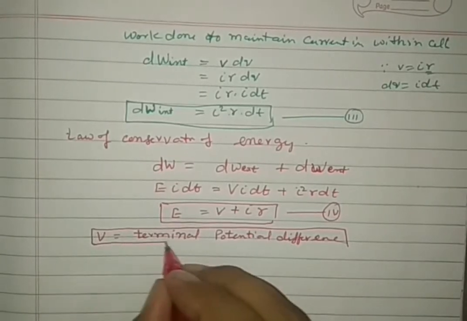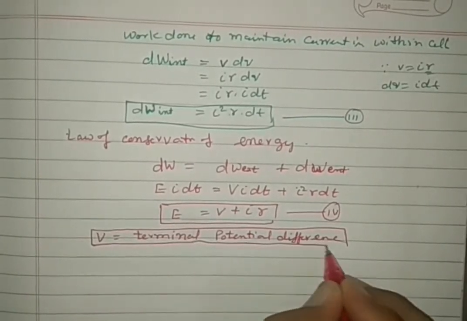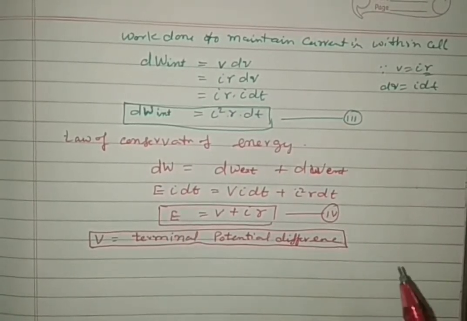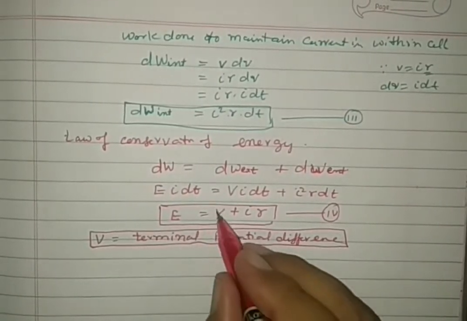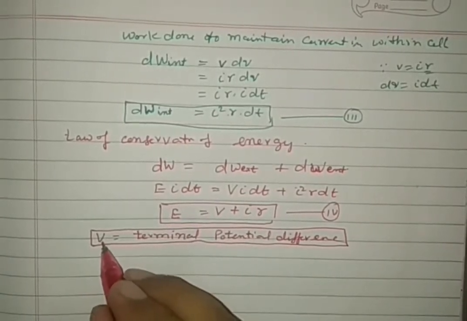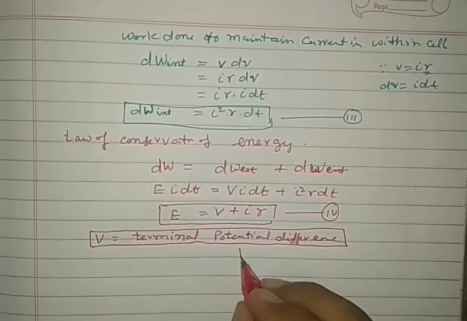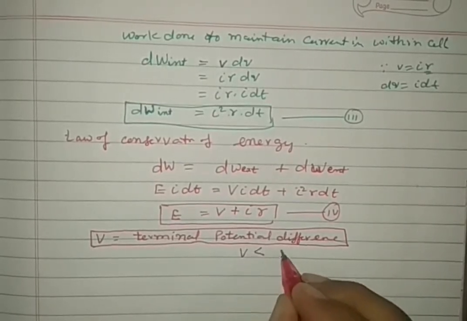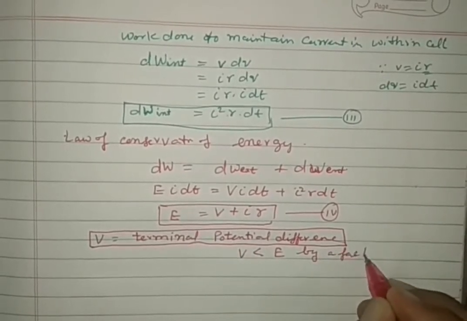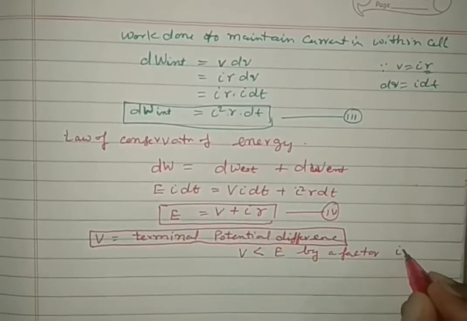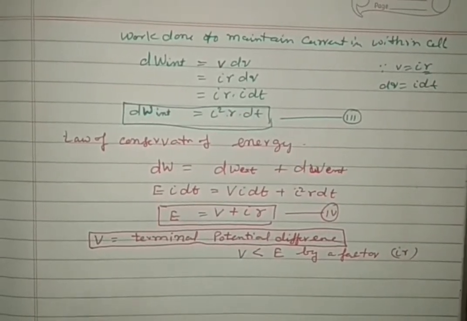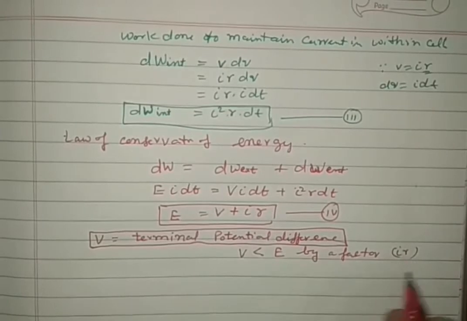This means the cell has a total EMF, this capital E, total energy, right, but gives only terminal energy equal to V, and this V is less than the total EMF by a factor I r. Here V is less by a factor I r, right?